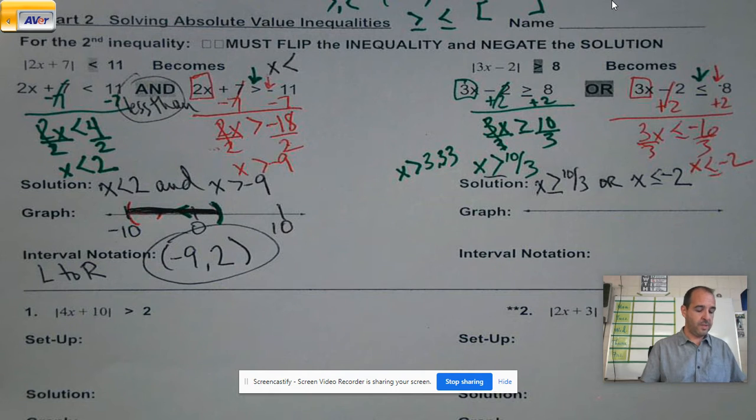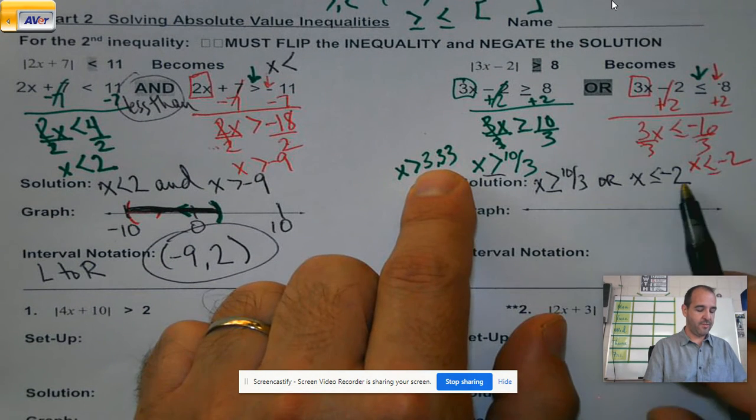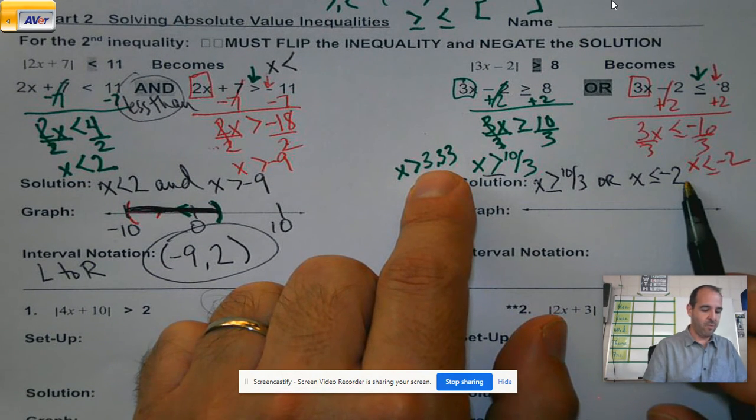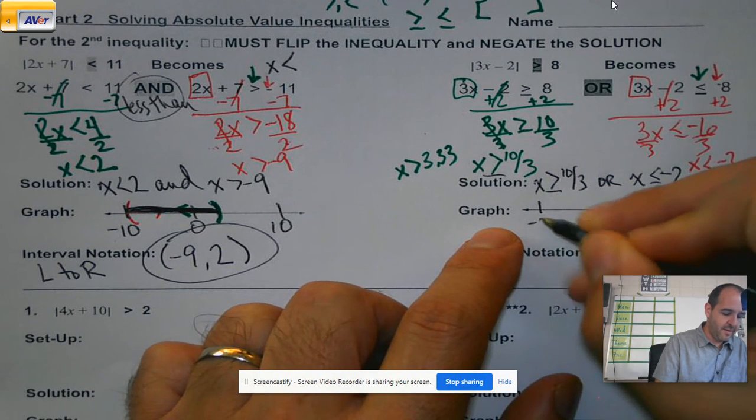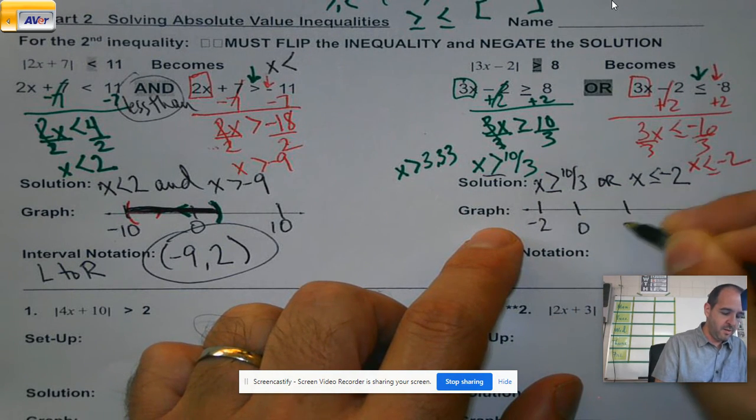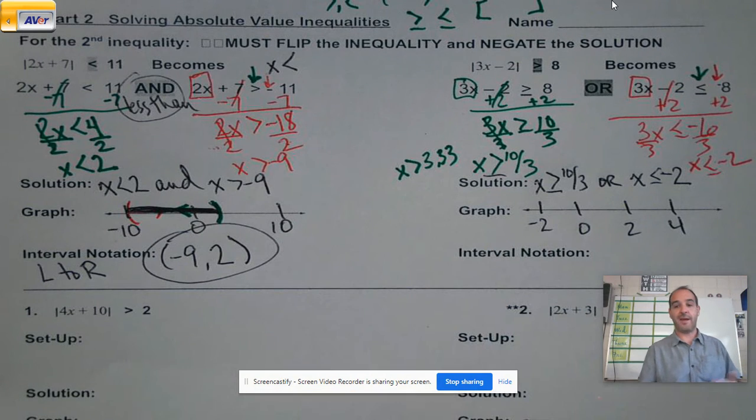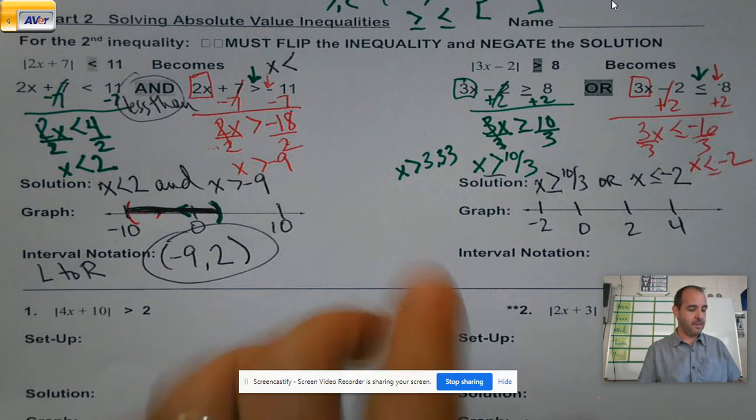So, okay, what's going to happen with or? So I got 3.33, I got -2. What am I going to count by? I think I'll count by 2s. Notice I don't have to just use 3. I can use more. I could do 1 for everyone if I wanted to. And so once I get here, again, I've got to know my basics.